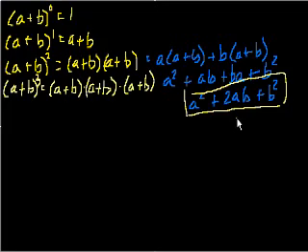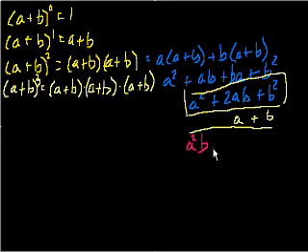So first let's multiply everything times b. That's a squared b, right? Now let's do 2ab times b. So plus 2ab squared, and then plus b cubed. And then we have a times a.